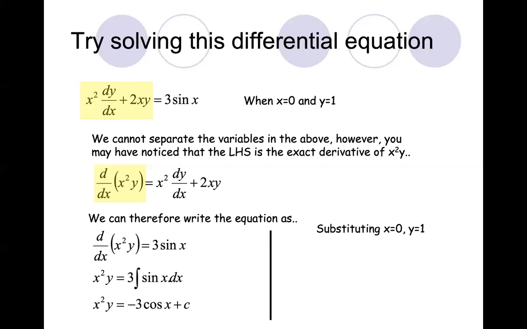And so you can have your solution very clearly as you have there. So that is the solution to that differential equation. This is what we call an exact product integral.